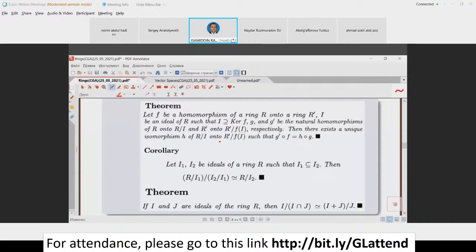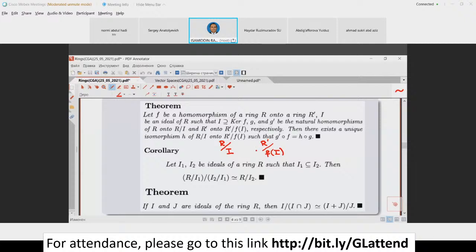Okay, I have R, here I have I, and here I have R prime and F of I. Since F is onto, this is an ideal of R prime.